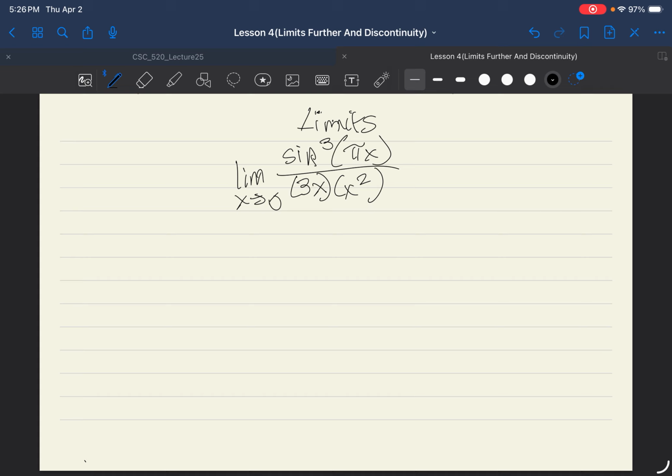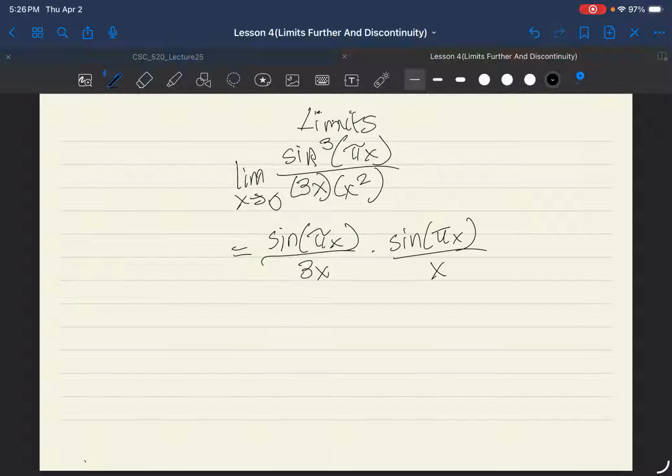I want you to pause and do this by yourself. I'll go over the answer in 10, 9, 8, 7, 6, 5, 4, 3, 2, 1. All right. So this will be sine of pi x over 3x times sine pi x over x times sine pi x over x.